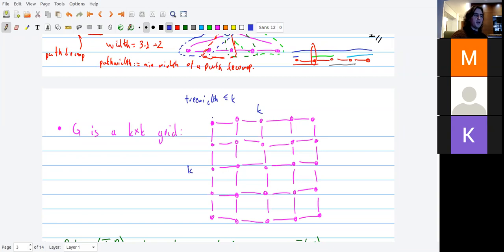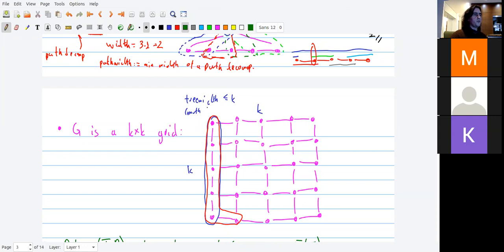Why so? I can make a path decomposition, so even the path width is at most k, by making, for instance, the first bag, let's say, the first column. It has size k, so I even have one less. And then let me sweep the grid by going from one column to another column. So how do I do this? I make then a bag looking like that. I just moved one leg here.